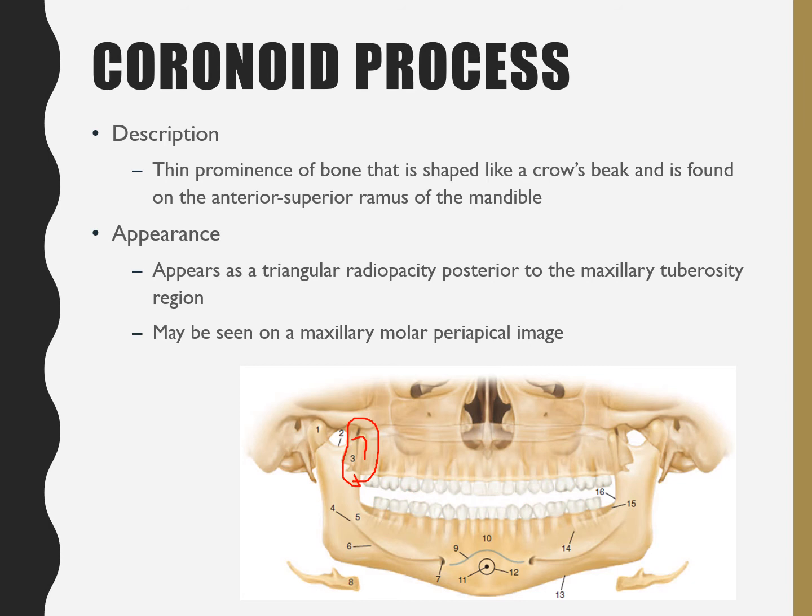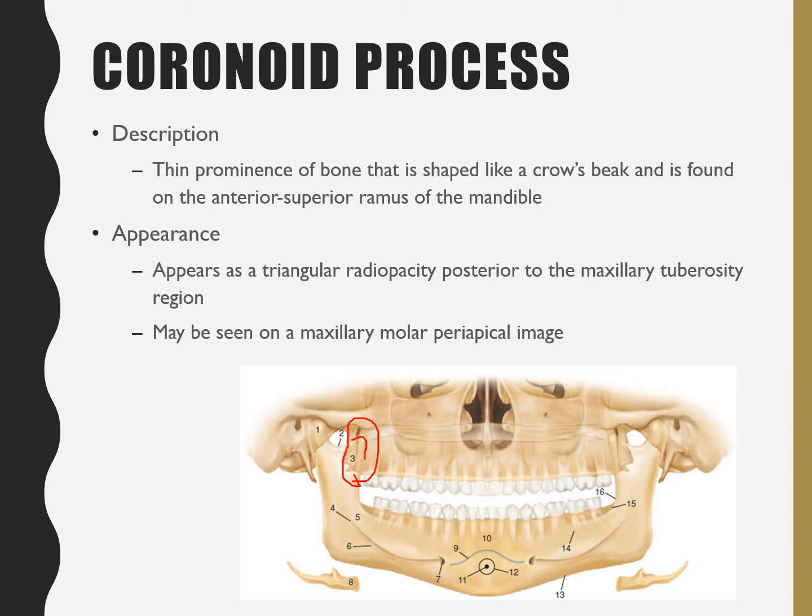We talked about that before, where if the patient's open a little bit, then the coronoid process slides forward a little, and we see it on our maxillary molar projections. You're going to find that the coronoid process is very important to you as a hygienist, and understanding the way the jaw works is going to be very important, because when you're trying to clean the buccal or the distal buccal surfaces of third molars, you're going to have a really hard time reaching it if your patient is open all the way, because when they open, the joint, the condyle, will hinge open and it will glide forward.